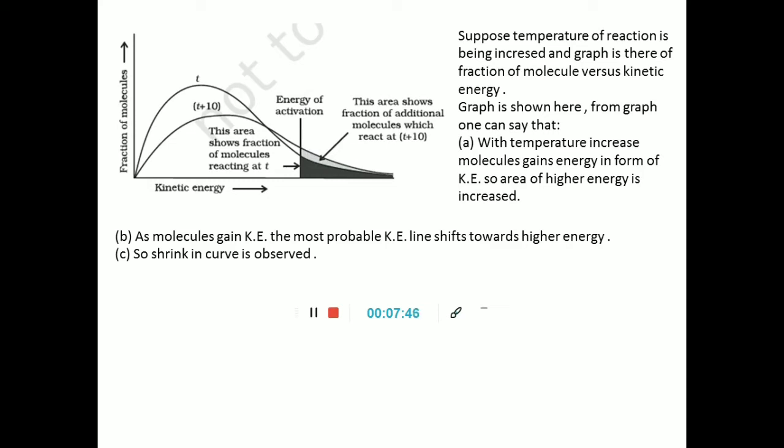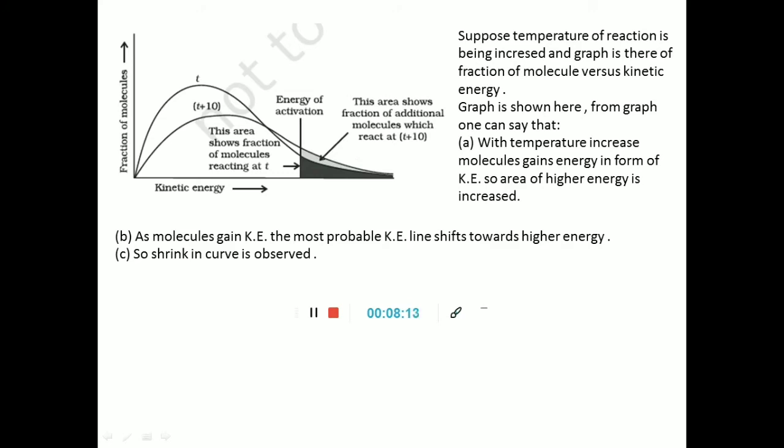So the most probable kinetic energy line shifts towards the right hand side, because the molecules are gaining energy. So the maximum number of molecules will have some higher energy now.